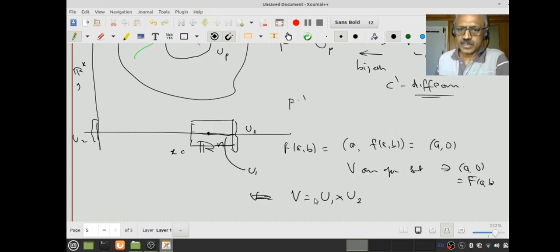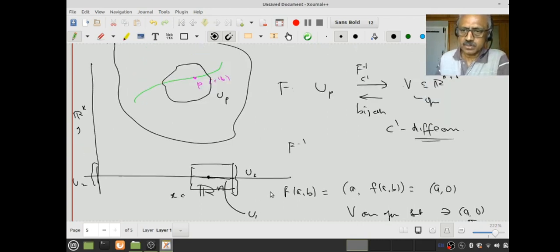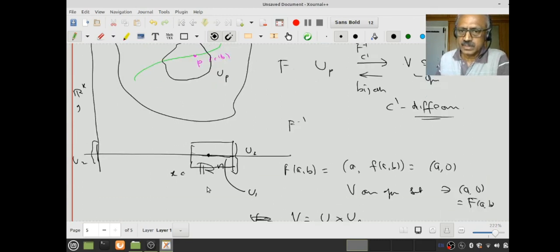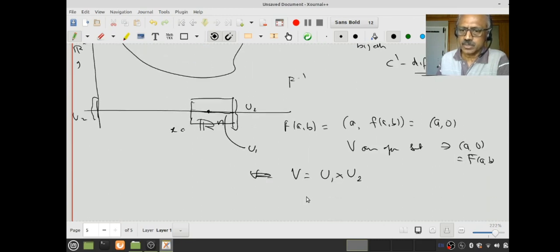Do all of you understand what I mean? Suppose V is an open set containing A0. Using product topology, it should contain a product neighborhood, which is a product of neighborhoods of A and of 0. That I am calling U1 cross U2.